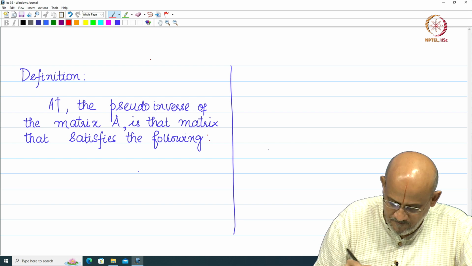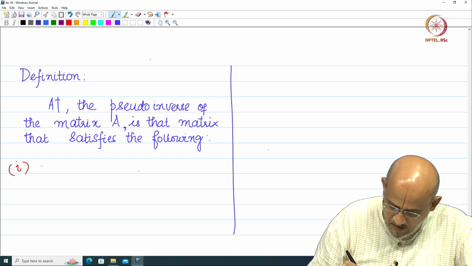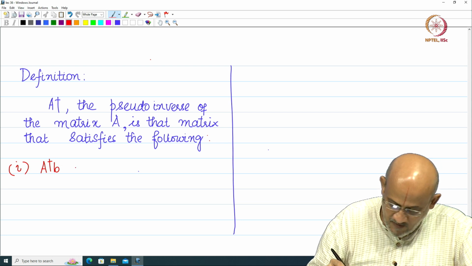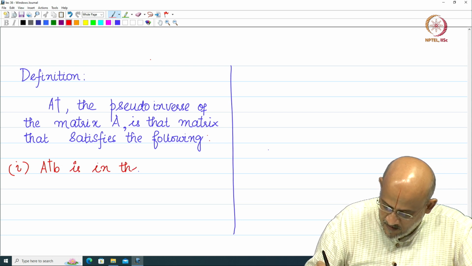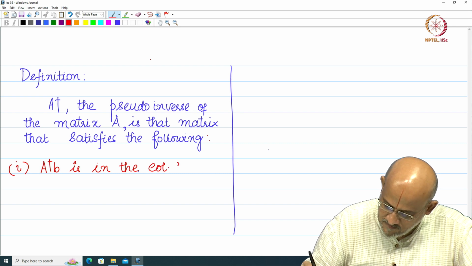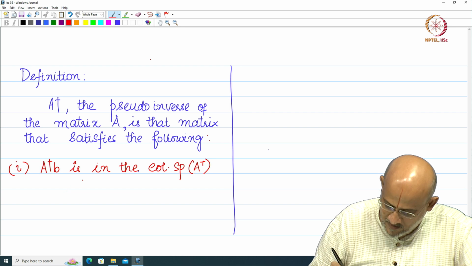One, A dagger B is in the column space of A transpose. What does that mean?